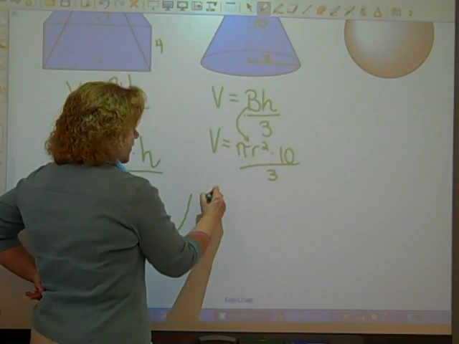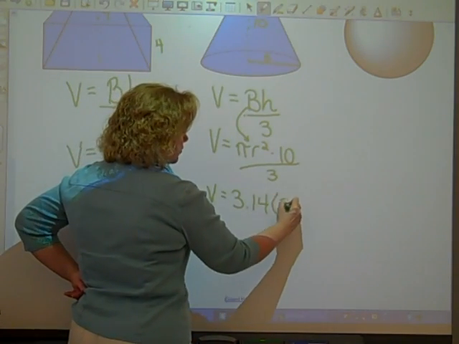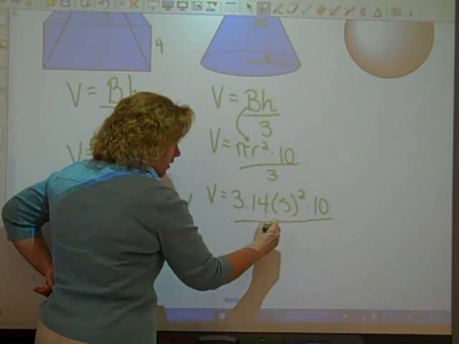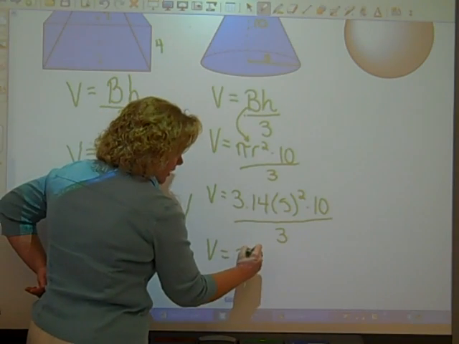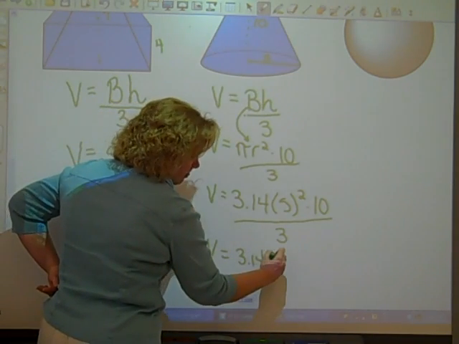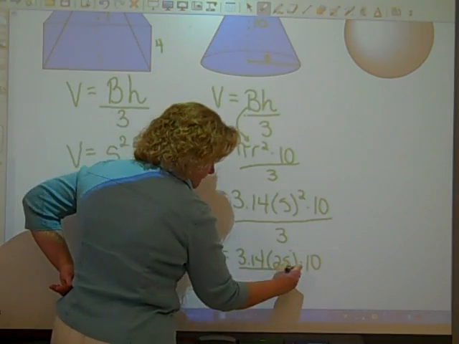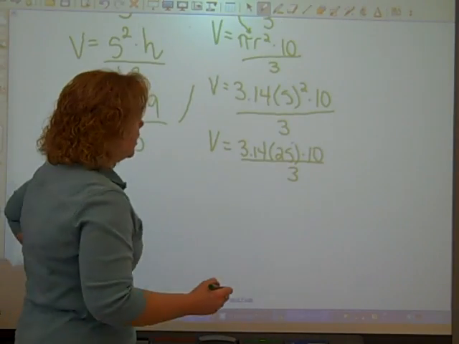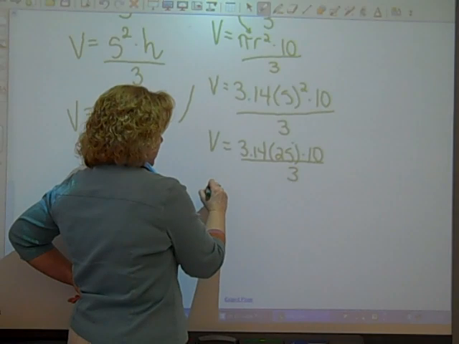So volume equals 3.14 times the radius, which we said was 5, squared times 10, all divided by 3, and you keep going. What's 5 squared? 25. What is 3.14 times 25 times 10?